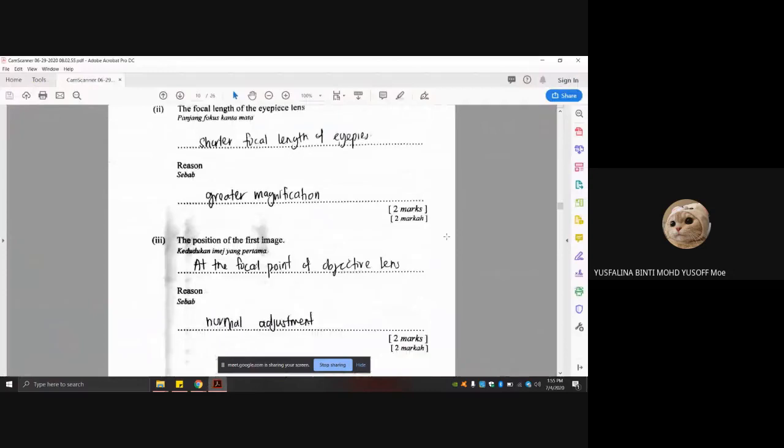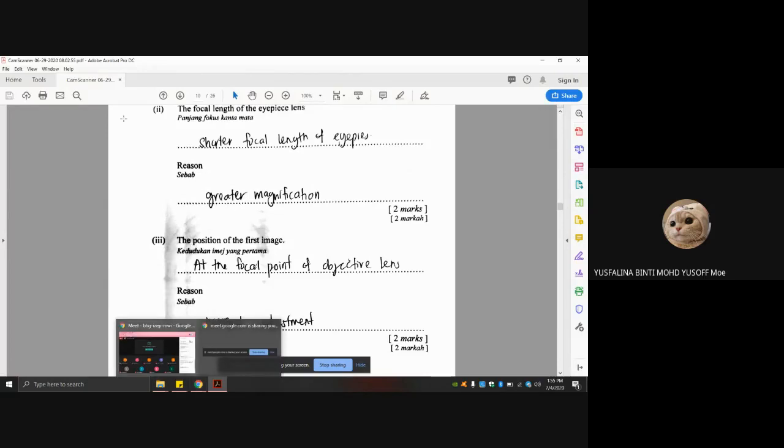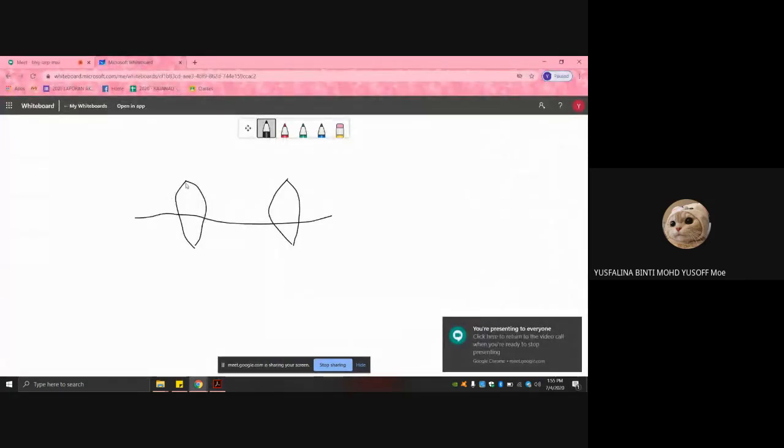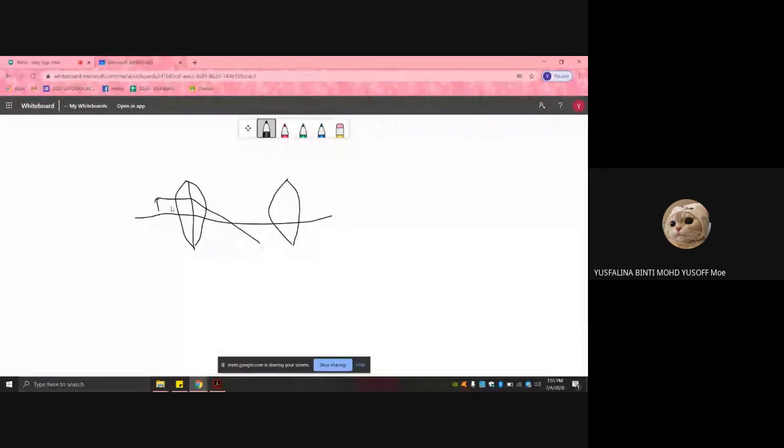Alright, the next one is the position of the first image. If you draw, let's say this is the object, then this is the first image.